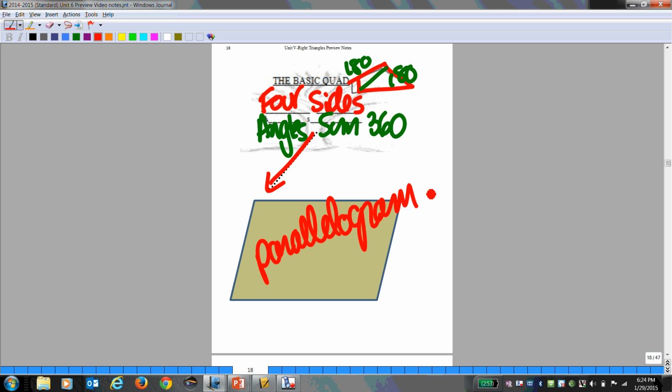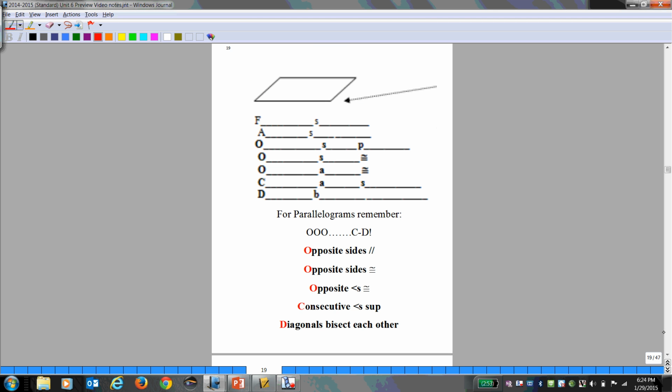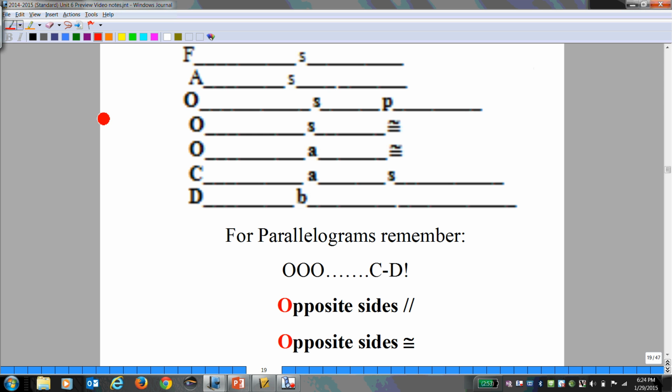We're going to cover some specific qualities of a parallelogram in the next few minutes. In a parallelogram, we have these key qualities.